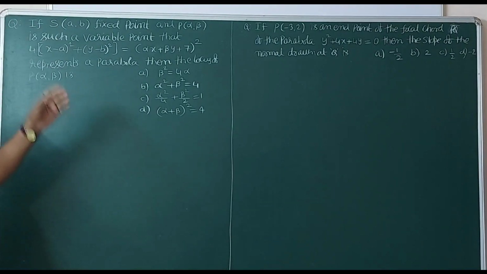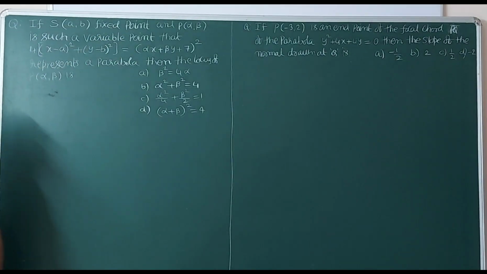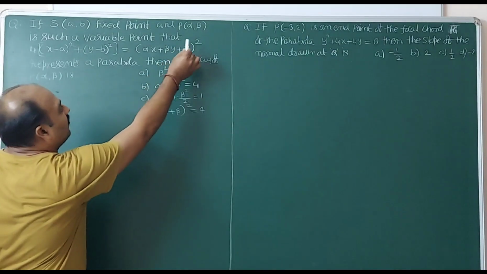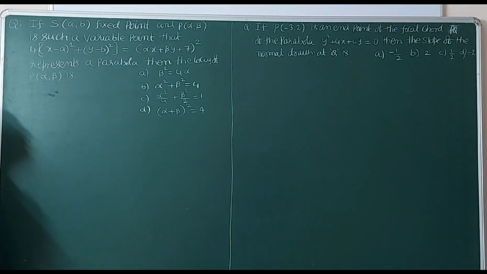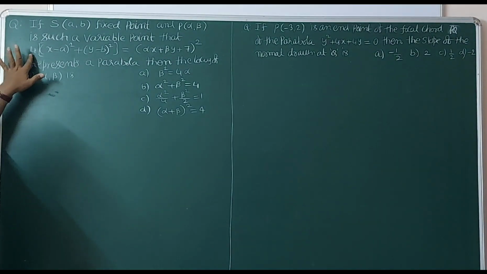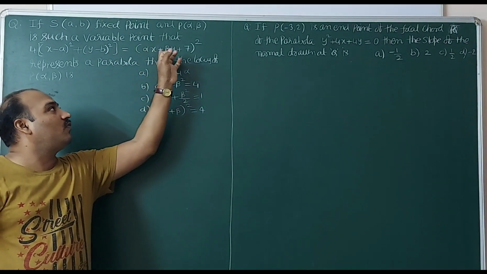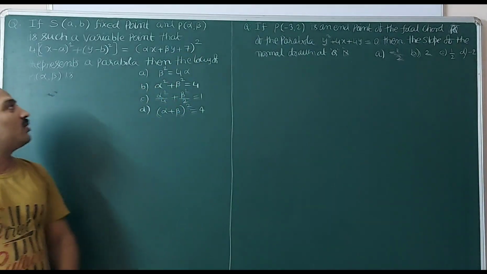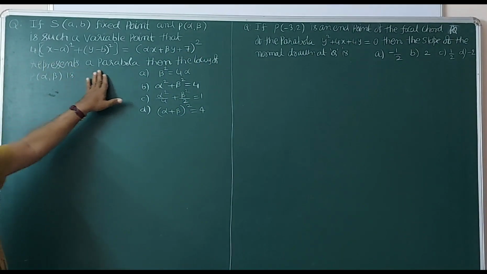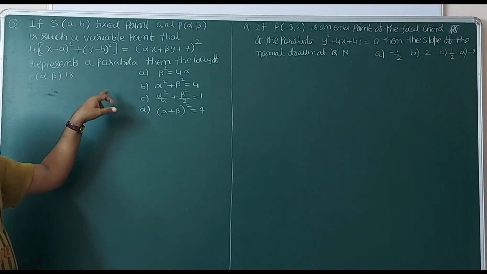The next question. If S of a comma b is a fixed point and P of alpha comma beta is a variable point such that 4 into (x minus a) whole square plus (y minus b) whole square equal to (alpha x plus beta y plus 7) whole square represents a parabola, then what is the locus of P of alpha beta?